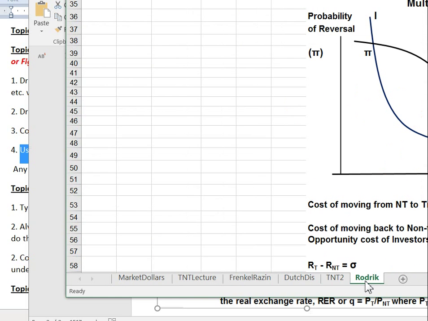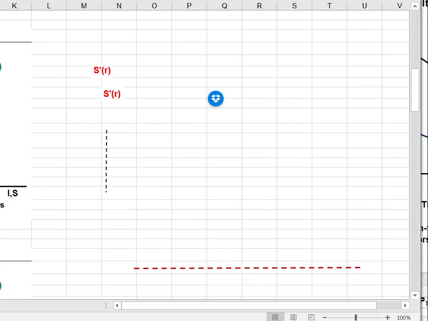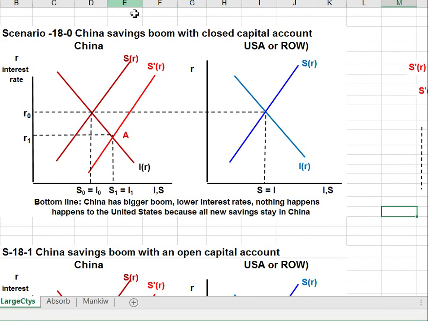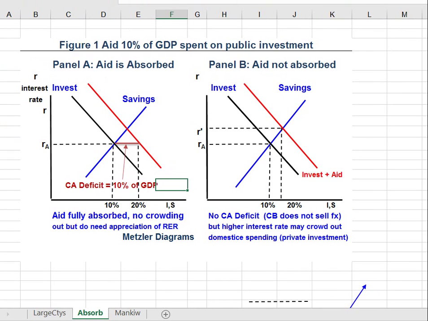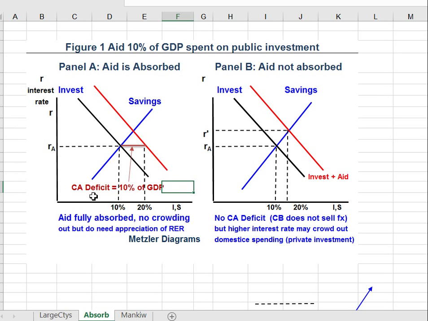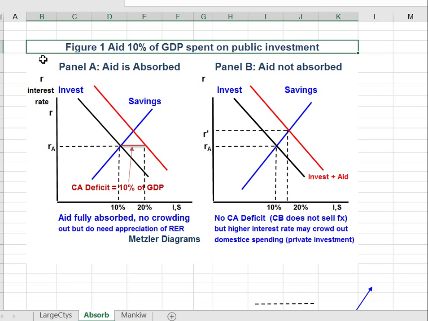There's also the Metzler diagrams are here. Here's the absorption example from the midterm. This shows what happens when it is absorbed or not absorbed, depending on what happens. And so this one is convenient because it also has the answer.